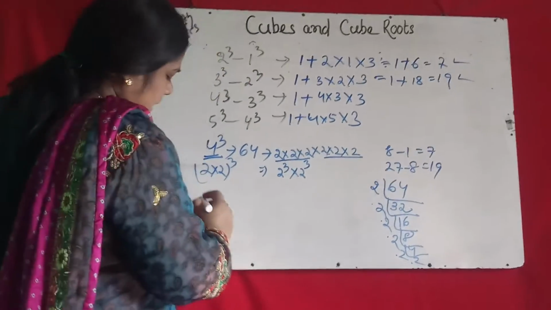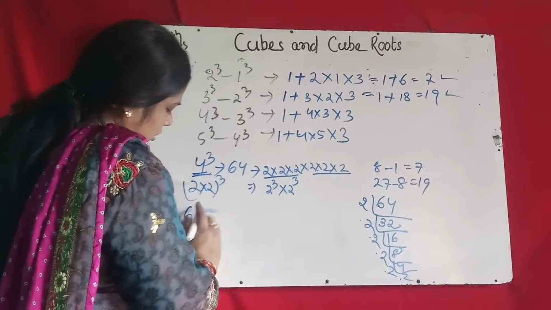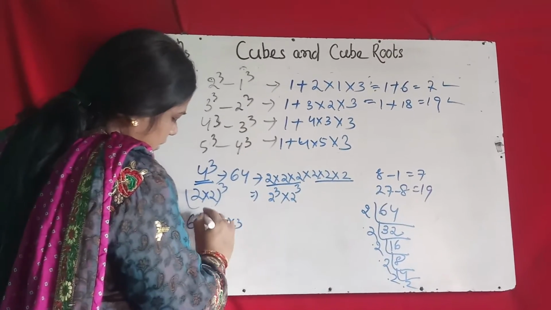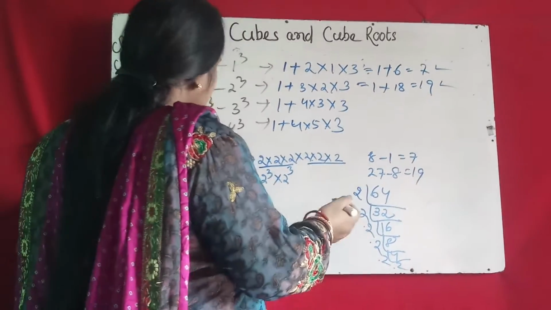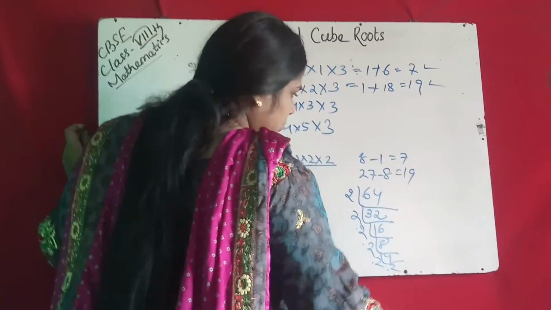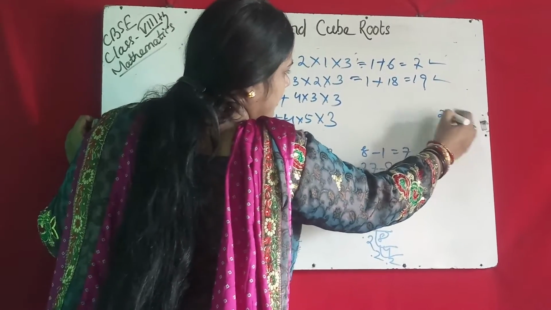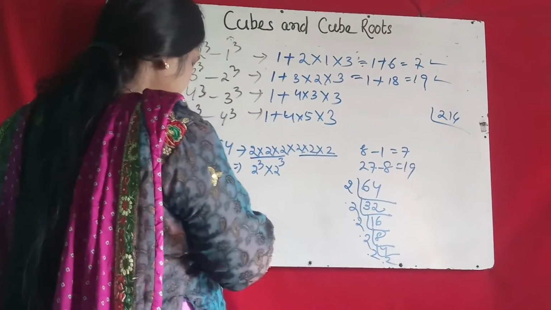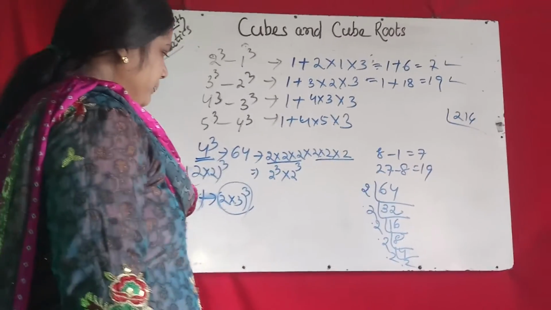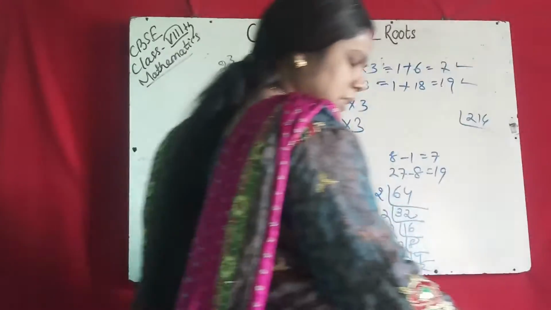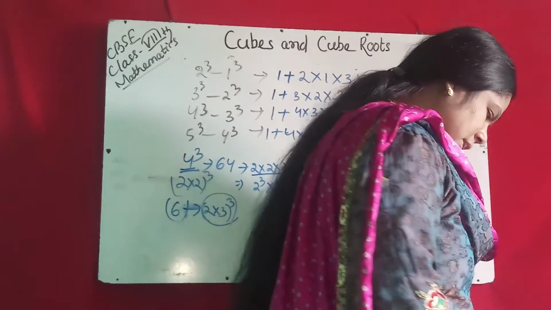Suppose 6 is equal to what? 2 into 3. So 6 cube means 2 into 3 cube. If you find the cube root of 216 by the prime factorization method, you will get the same thing, 2 cube into 3 cube. So this is the prime factorization method.